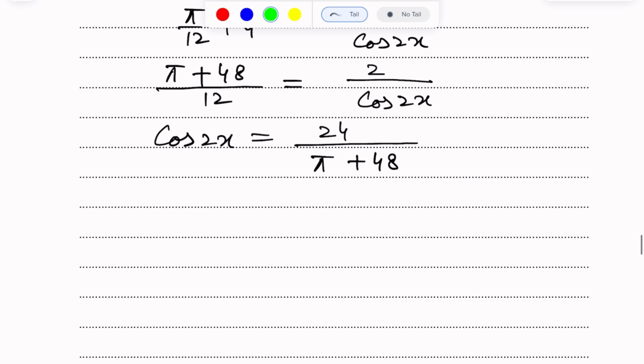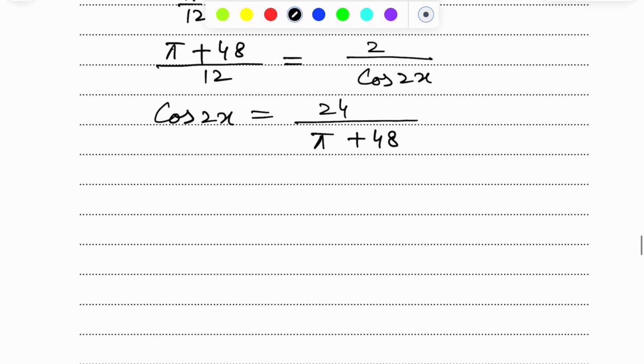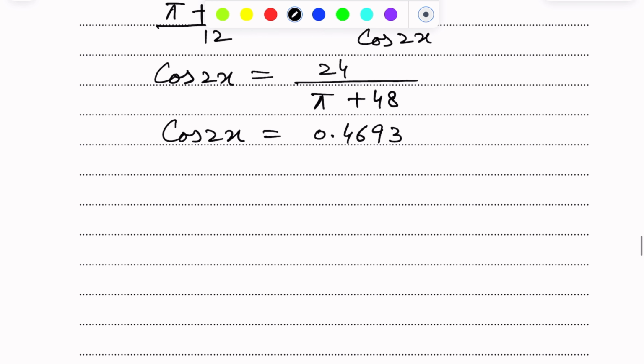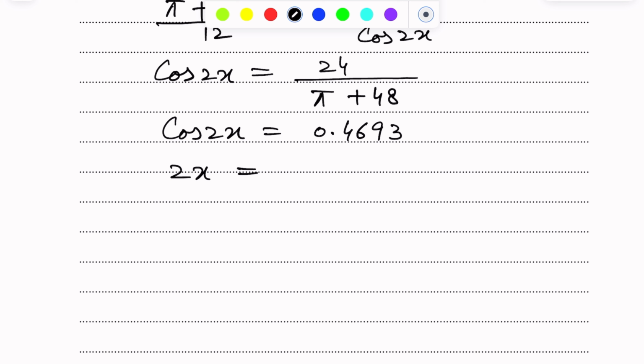Now using the calculator, setting the calculator mode on radian, after calculation the right side will become 0.4693. We are not rounding off because during the working we do not round off. From here, 2x will be cos inverse 0.4693.